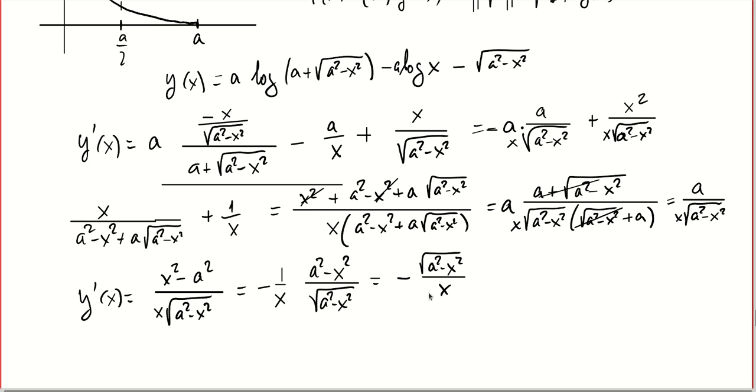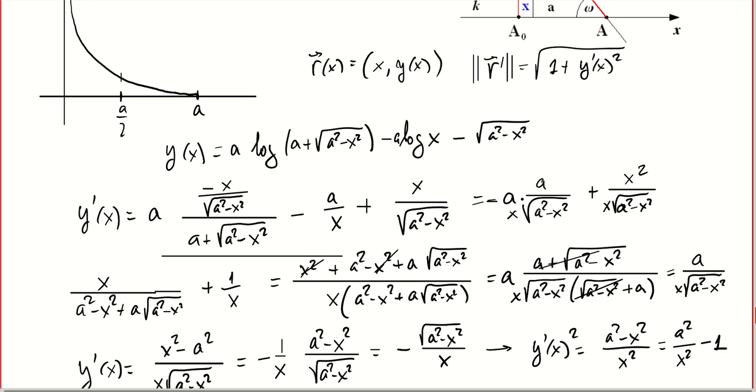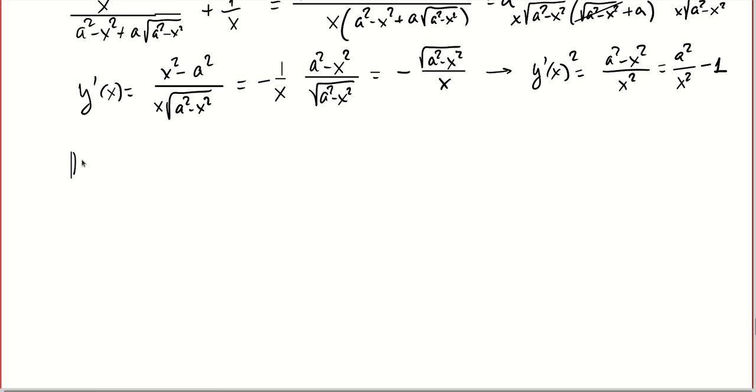The square of this, y prime squared, is just a squared minus x squared divided by x squared, which is a squared over x squared minus 1. It's fine, because if we put it here, this minus 1 and this 1 go away, and then the length of this vector is simply the square root of this, which is a divided by x.